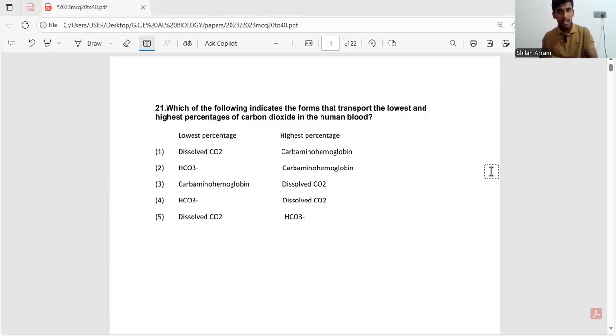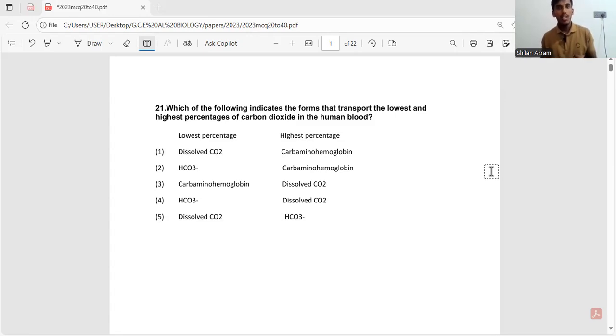This bicarbonate, which is present inside the red blood cells, comes out of the red blood cell and is transported through the blood into the capillaries in the lungs, where again the bicarbonate goes inside the red blood cells and becomes carbon dioxide, comes out and goes into the alveoli. Now this is how transportation as bicarbonate occurs, and this is the highest form.